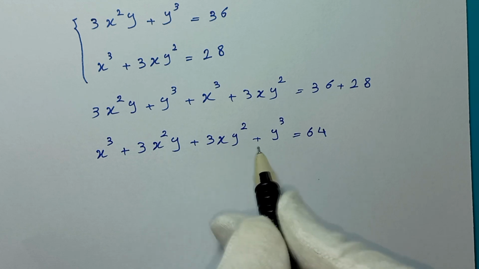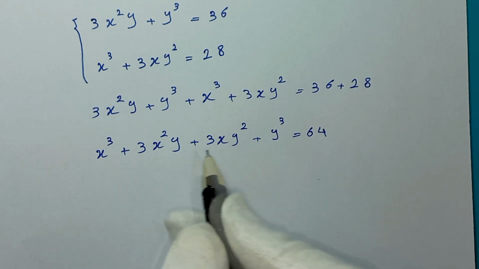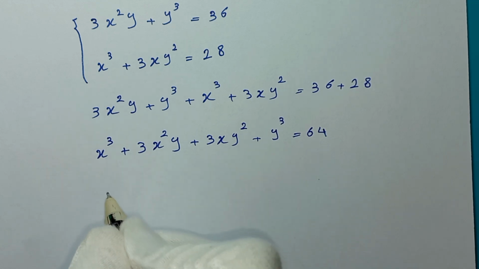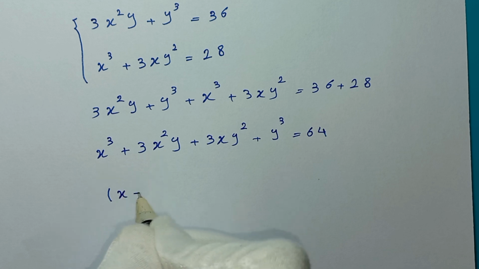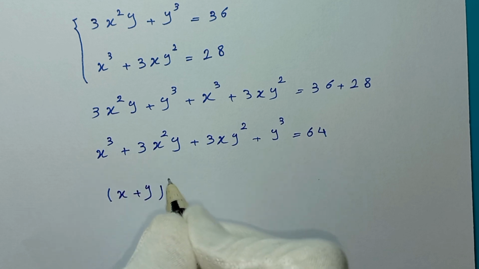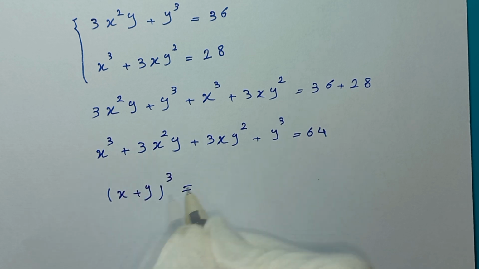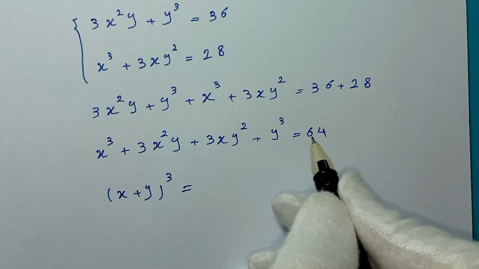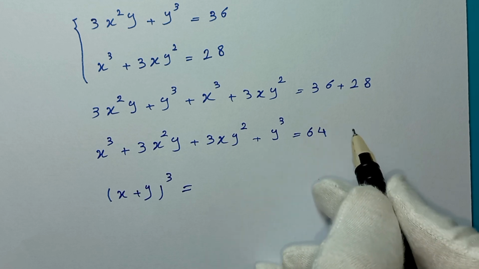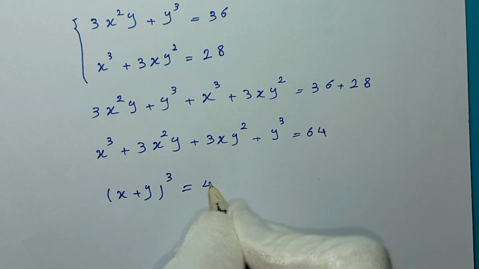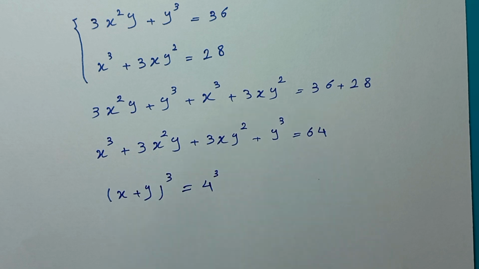And here, this is in the form of a perfect cube, which is x plus y to the power of 3. And this 64 is 4 times 4 times 4, so we can write 4 to the power of 3.